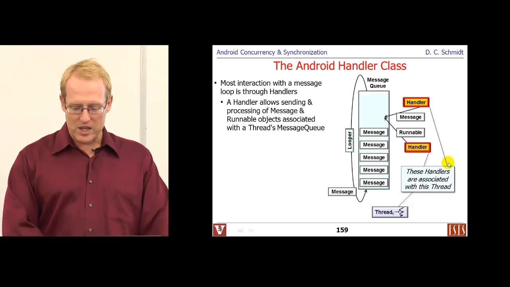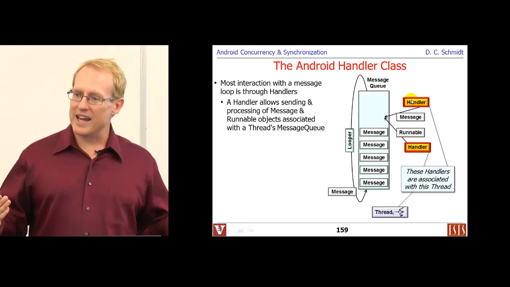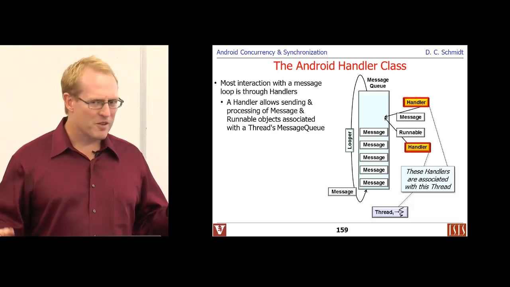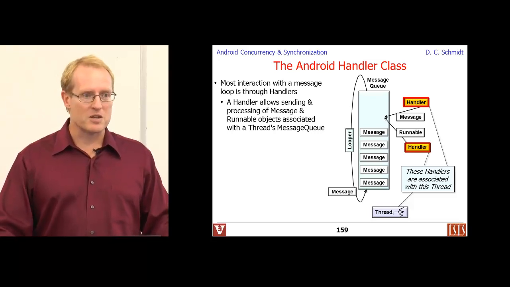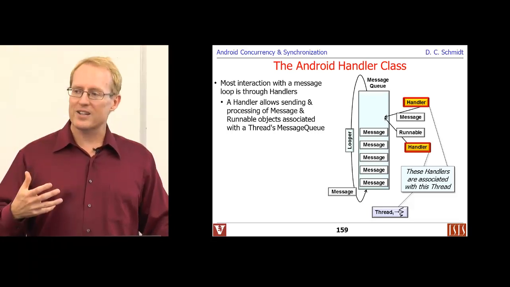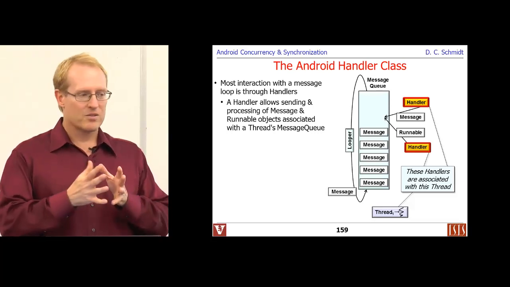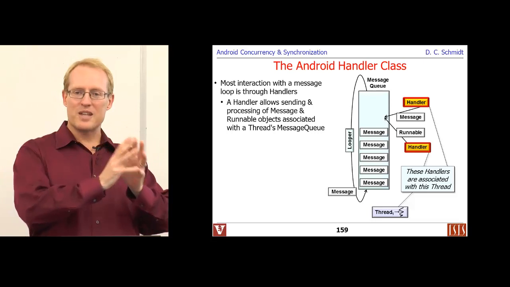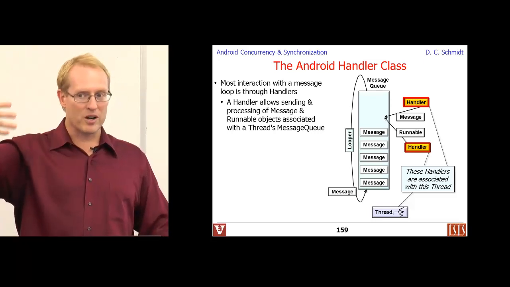So one of the things to note here is that a handler belongs to the thread in which it was created. Very important thing to understand. I'll show you later how that's enforced. It's enforced through the thread-specific storage pattern. When you create a handler, the handler knows, either because it implicitly took whatever thread it was created in and uses that as its owner thread, or you can pass it a looper and it'll be part of that looper.